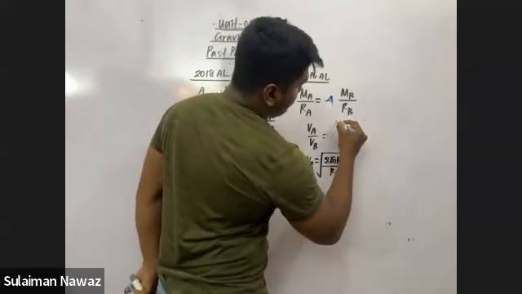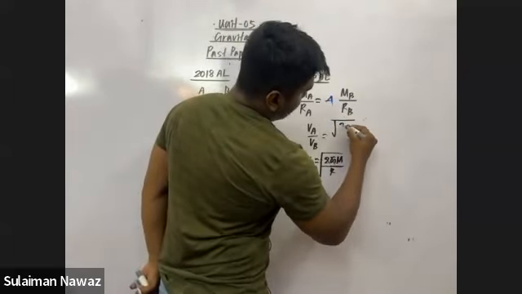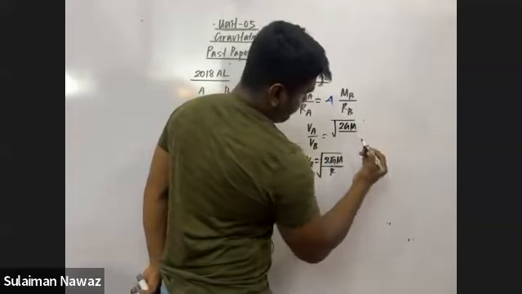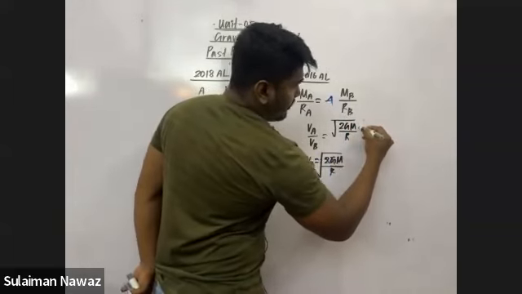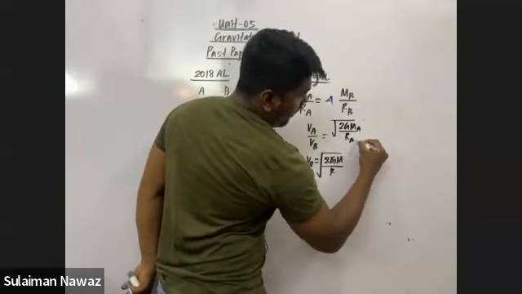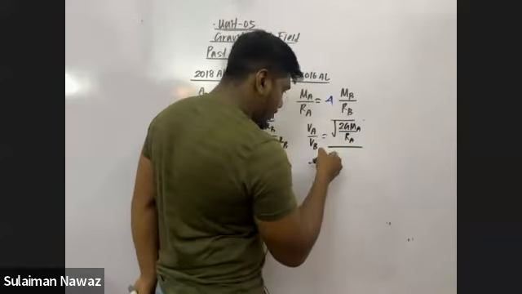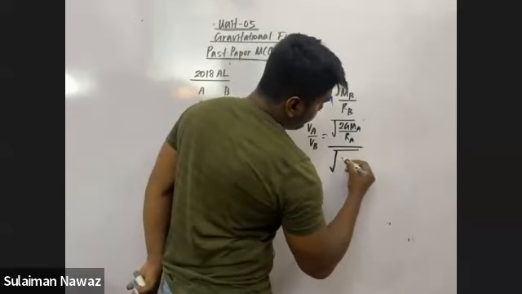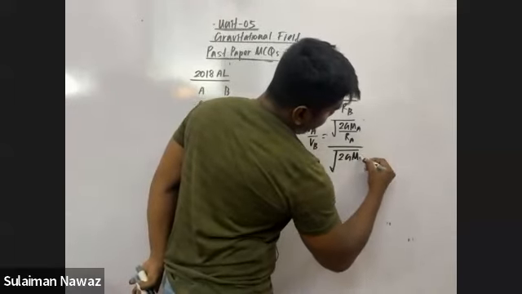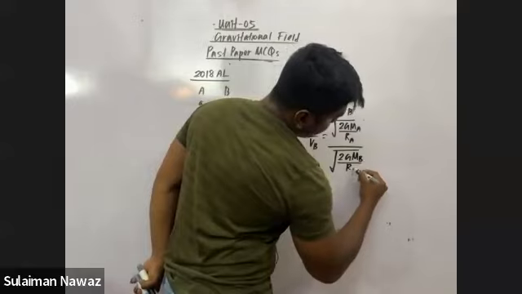What is your VA? It is root of 2GMA over RA, over the escape velocity of planet B, root of 2GMB over RB.